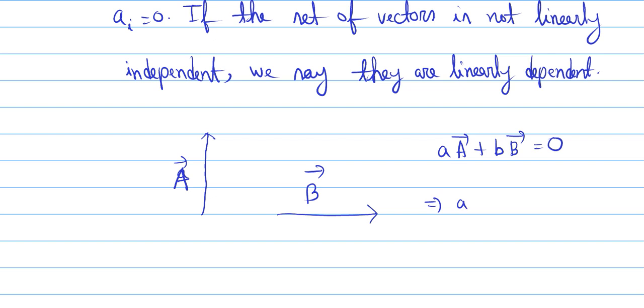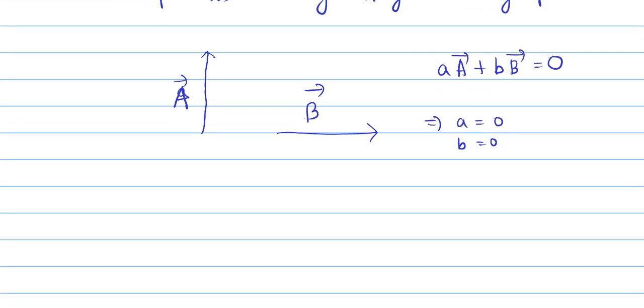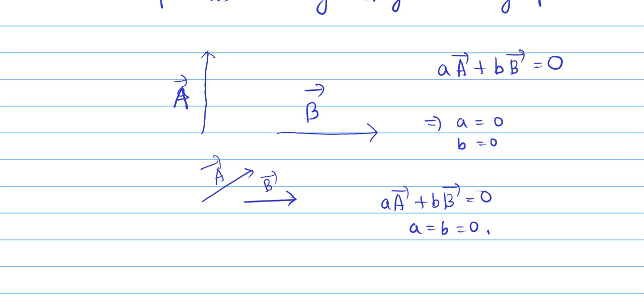It is only possible if both a and b are 0. So we'll call these two vectors linearly independent. And it is also true for these two vectors, A and B. Again, this can be 0 only if a and b are 0.